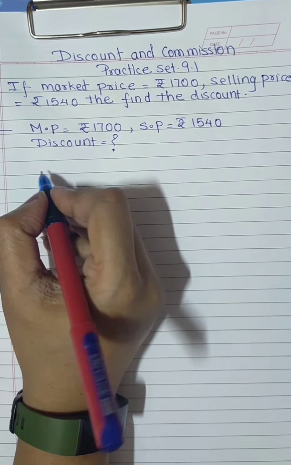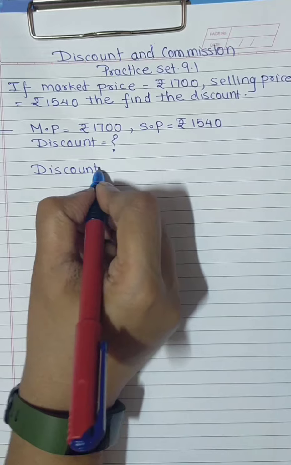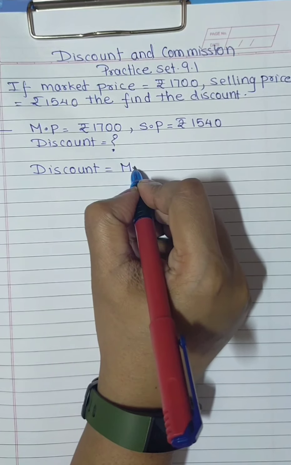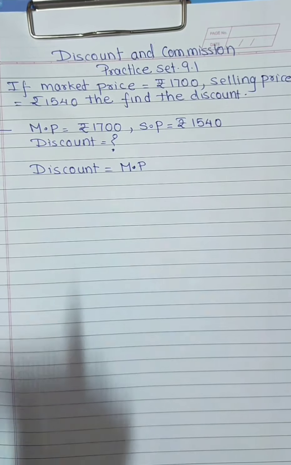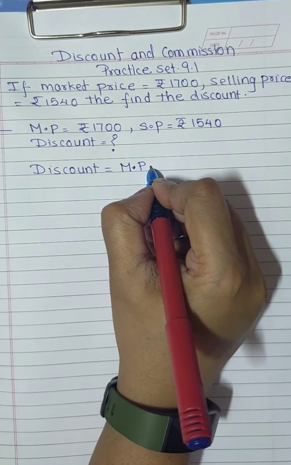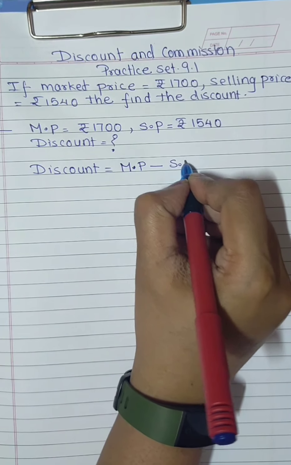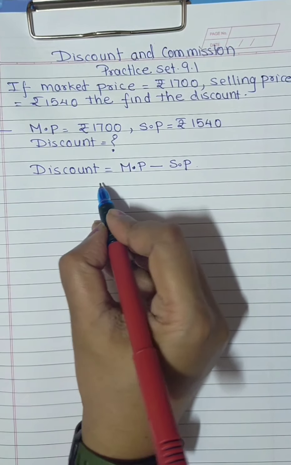So we are going to use the formula, that is discount equal to mark price minus selling price. Okay, so here what is given?